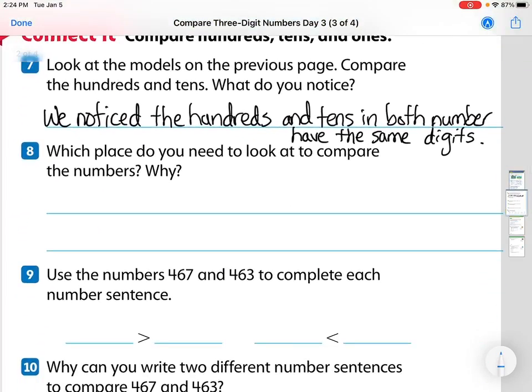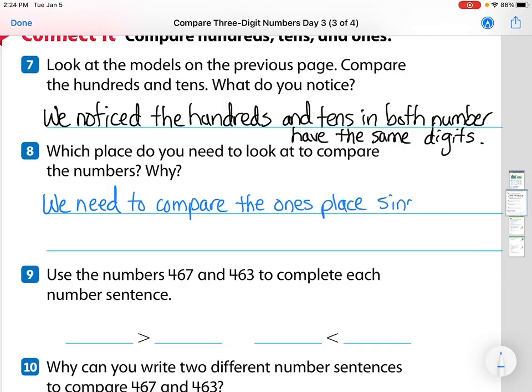We need to compare the ones place since the hundreds and tens are the same.